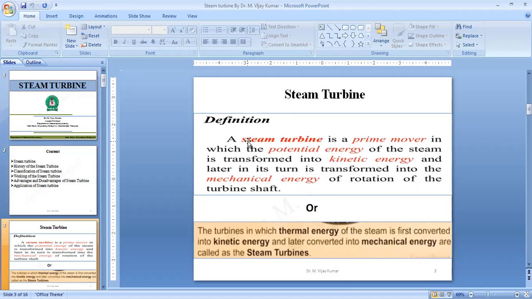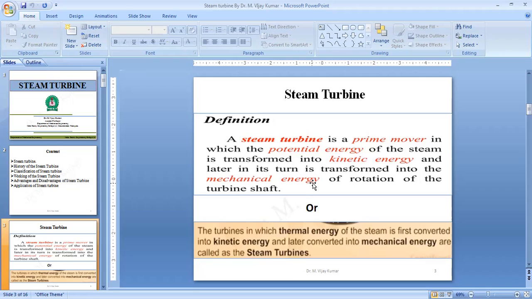Here the definition of the steam turbine: a steam turbine is a prime mover. Here the turbine rotates, in which the steam will be having potential energy. When that steam comes out from the nozzle, it will get transferred into kinetic energy, and later it transforms into mechanical energy.